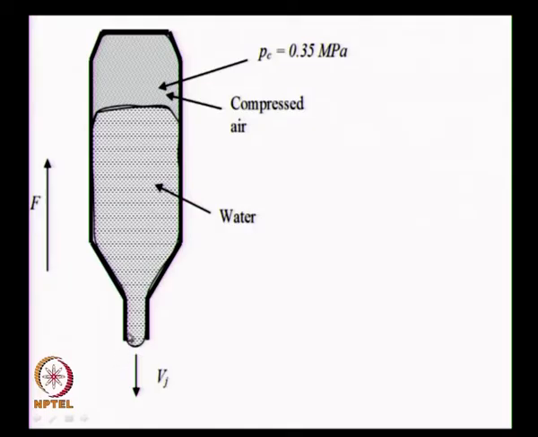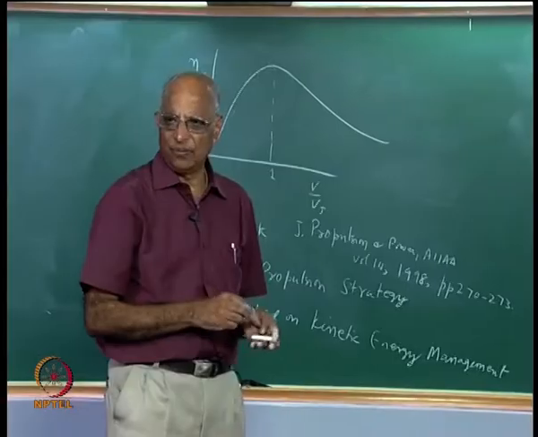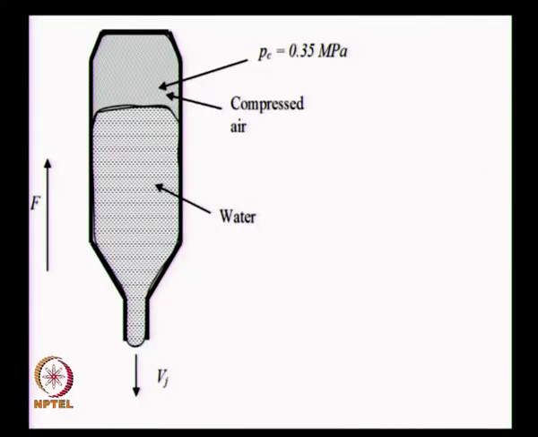I want to find out the size of the hole such that the rocket leaves the ground at a given acceleration. This is all what I want to do. How do I size this rocket? This volume is given, this volume is given, but I need to know the size of the vent or the hole such that the rocket can leave with a given acceleration. Let us do this problem.